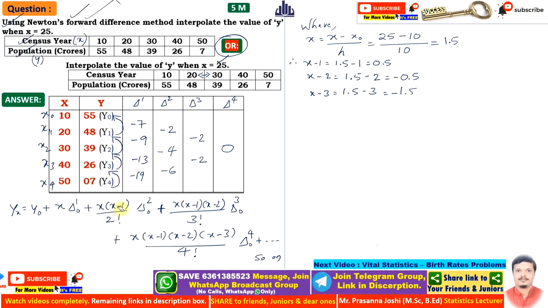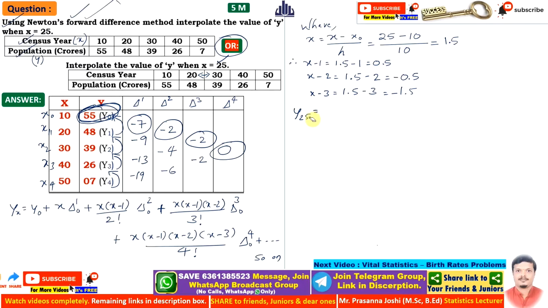So x, x minus 1, x minus 2, x minus 3, 2 factorial, 3 factorial, 4 factorial, and these delta 0,1, delta 0,2, delta 0,3, delta 0,4, all those values we have got. And this y naught we have mentioned as 55. That can be substituted. So now we have got all the values which can be substituted in the formula.